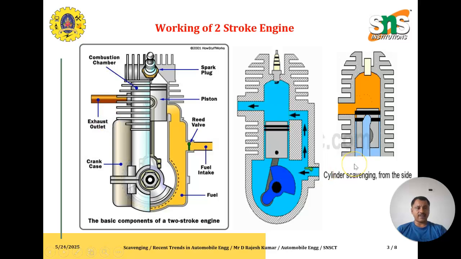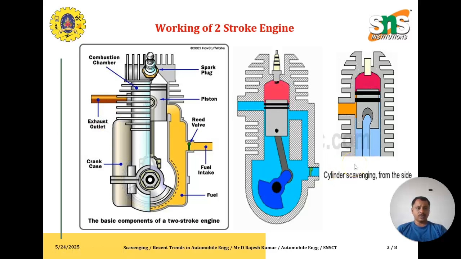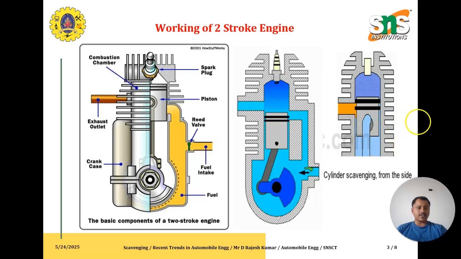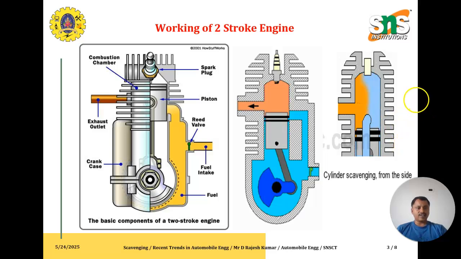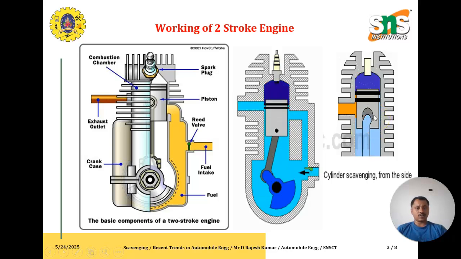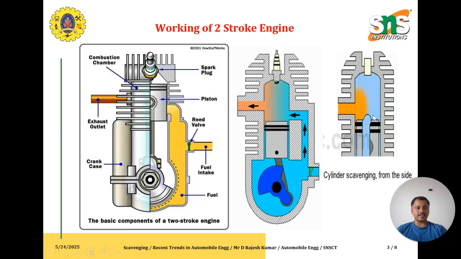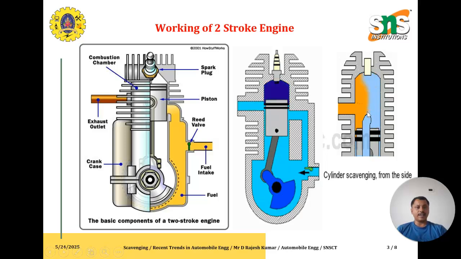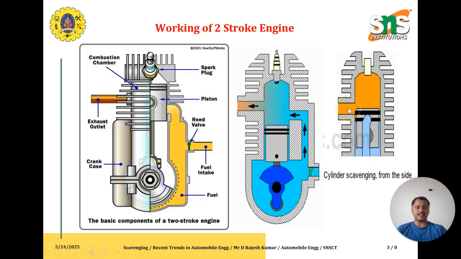So you can see how scavenging is working. The third animation shows you the elimination of the burnt fuel by the introduction of the fresh charge. Once the power stroke is attained, the burnt fuel has to be eliminated, or sent through the exhaust port.